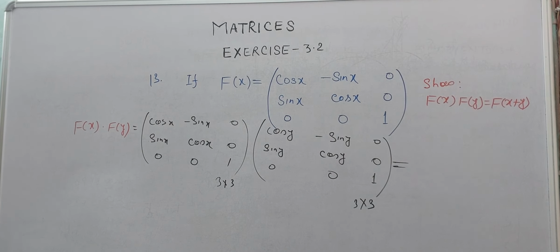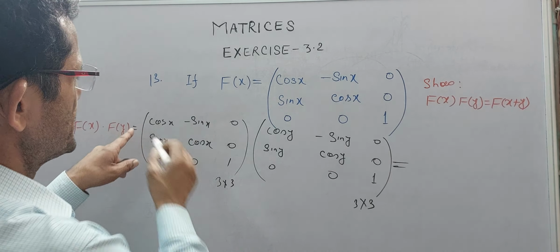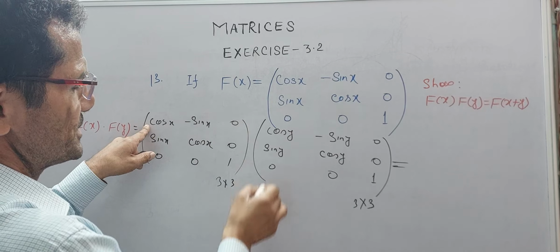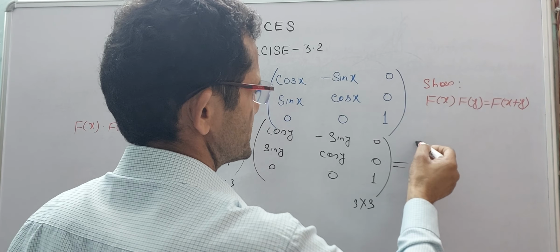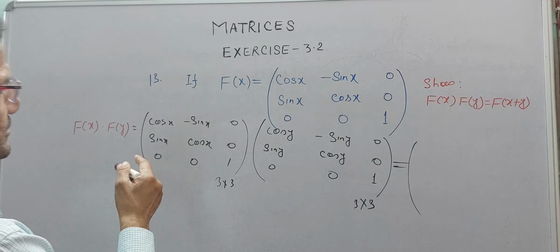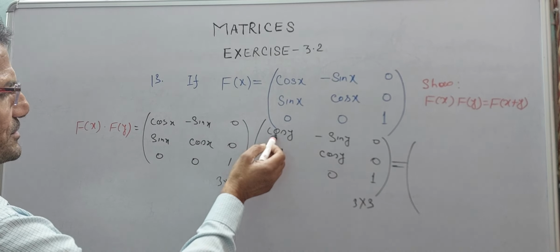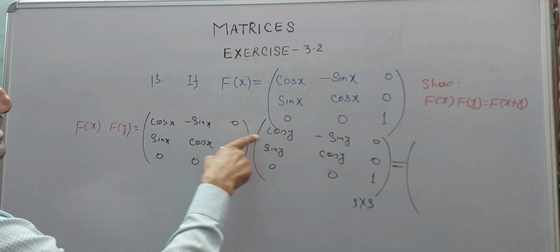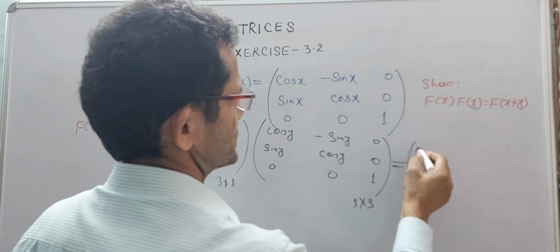So yes, taking the first row, if you multiply first row, first column, we will get the first entry. Now our first entry becomes cos x into cos y, cos x cos y.